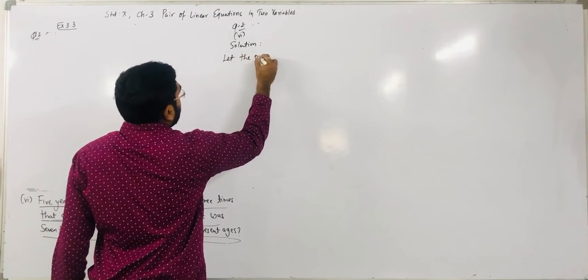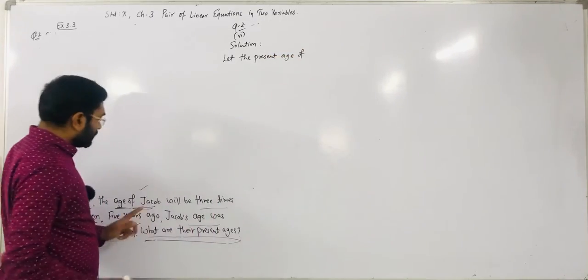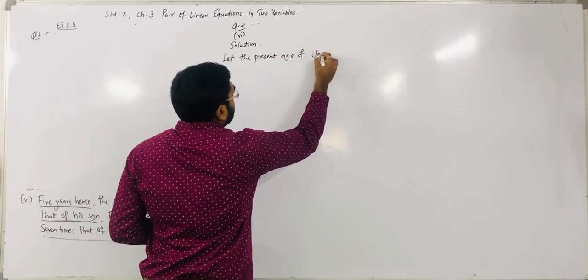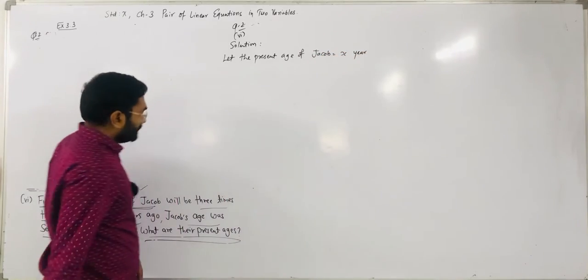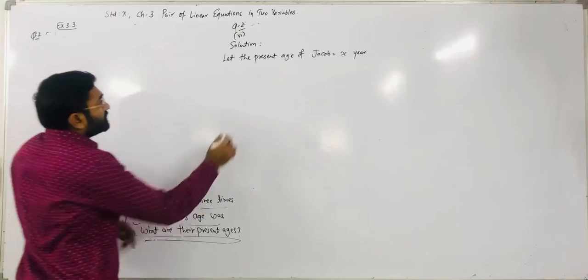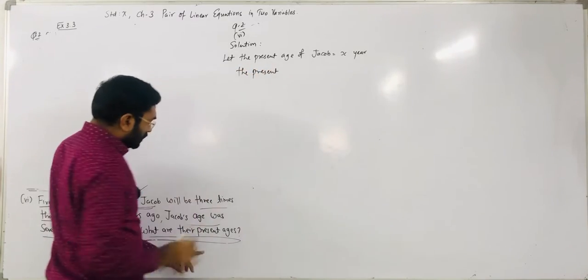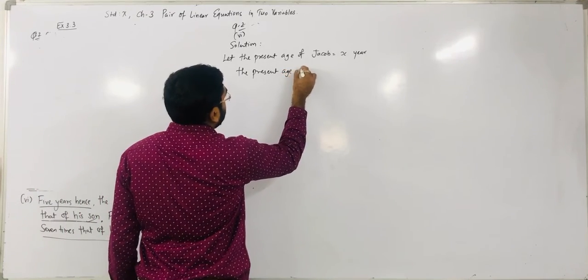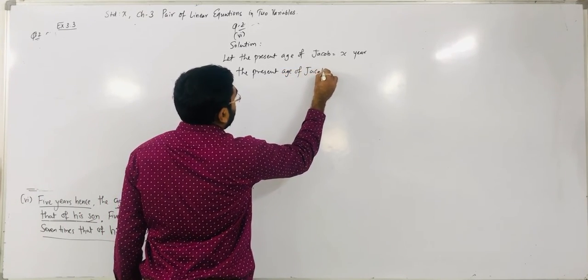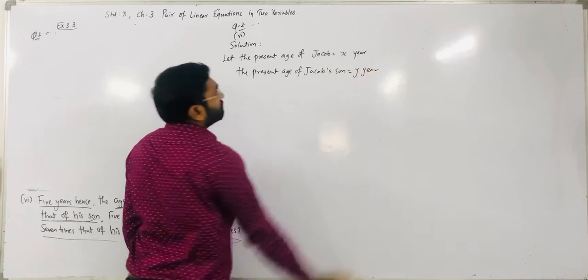Let the present age of the first person, Jacob, be x. Then his son, Jacob's son, present age we have to assume because that we also have to find out. Let the present age of Jacob's son be the second variable y.